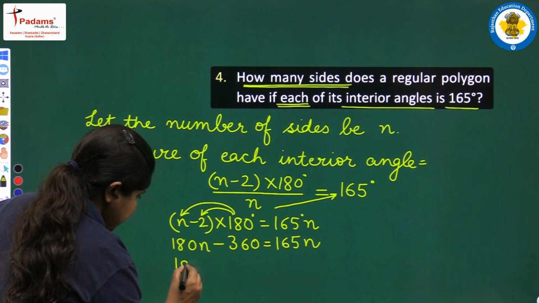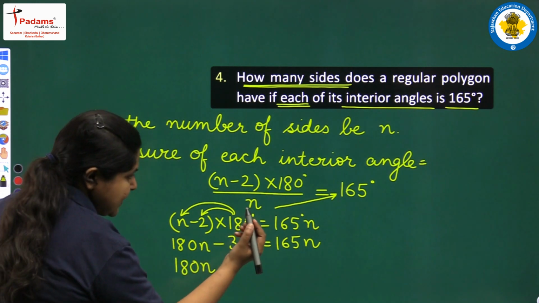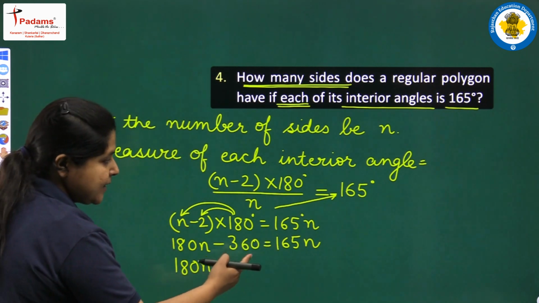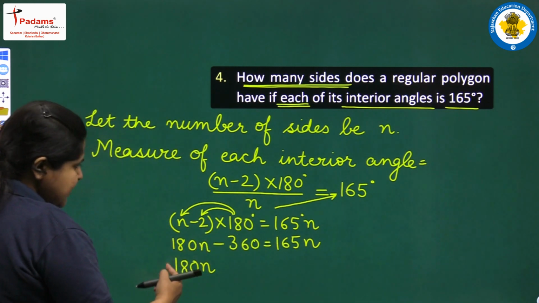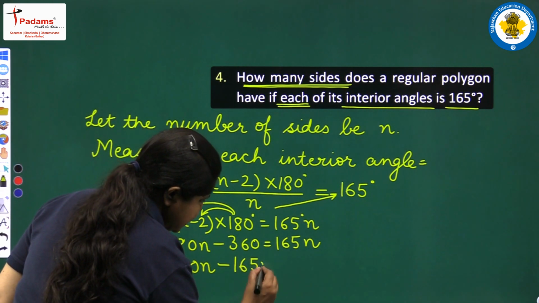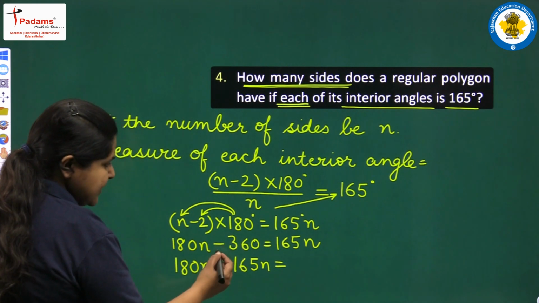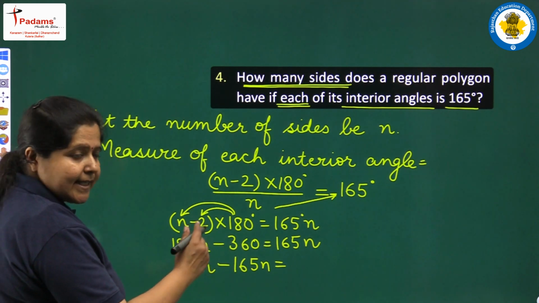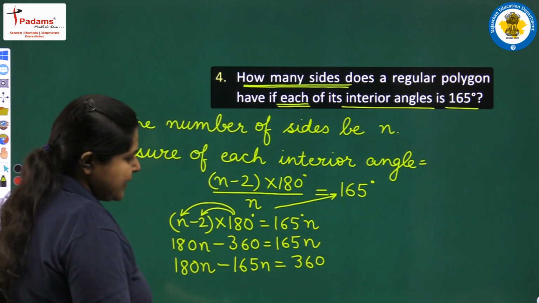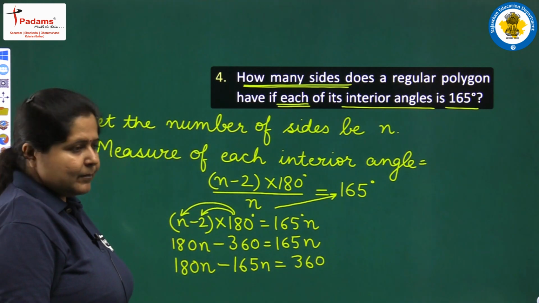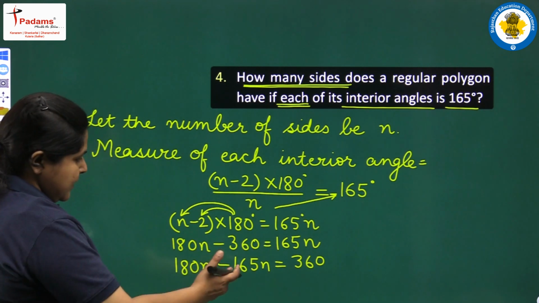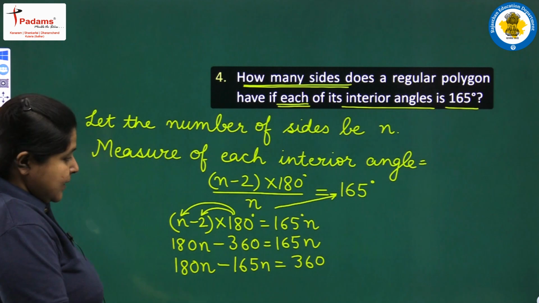We have 180n here. This 165 is a positive number, no minus is visible here, so on transposing to the LHS it will become minus 165n, and this minus 360 in the LHS will become plus 360 in the RHS. No need to write plus here because it is a single term starting the RHS. So, we have this one.